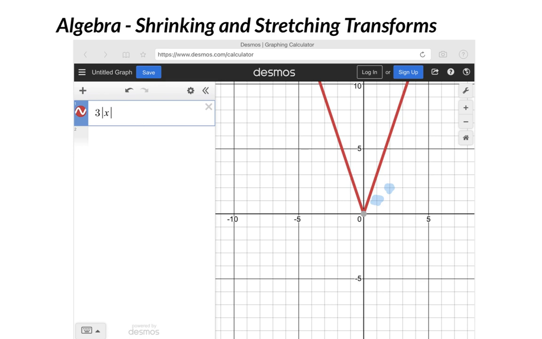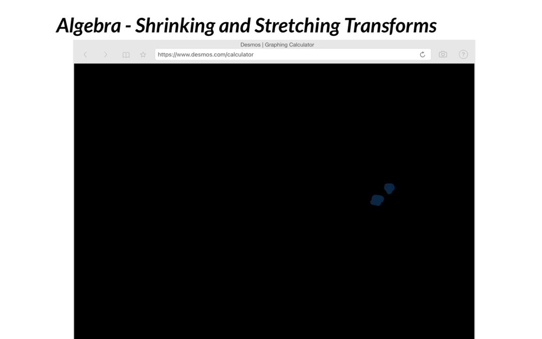So now let's put a decimal in there instead. Instead of 3, let's put a 0.5, a 1/2. Okay. So you see the y value used to be 1, now it's 1/2. The y value used to be 2, now it's 1. It cut all of the y values in half.